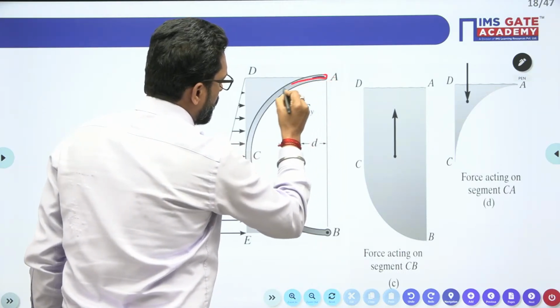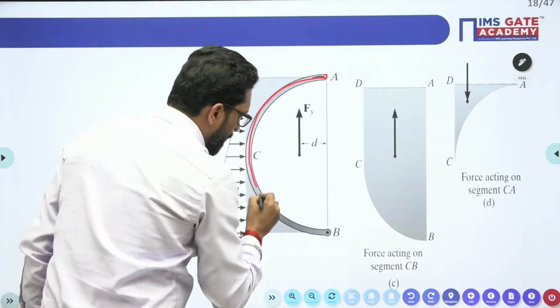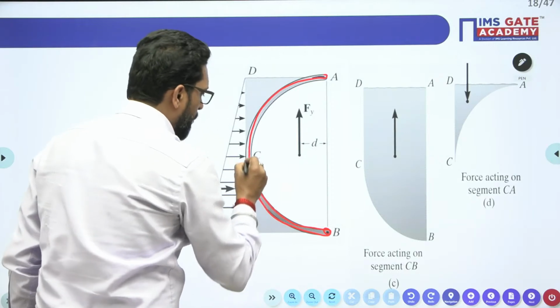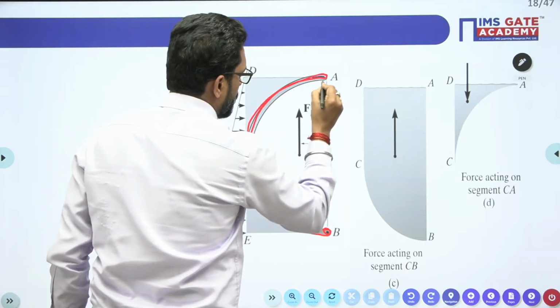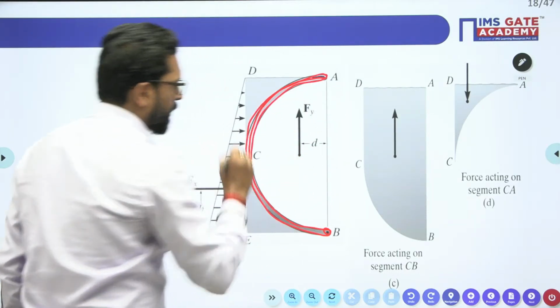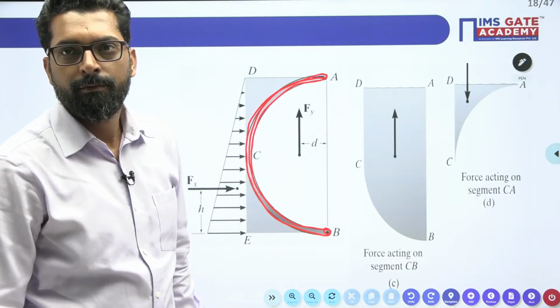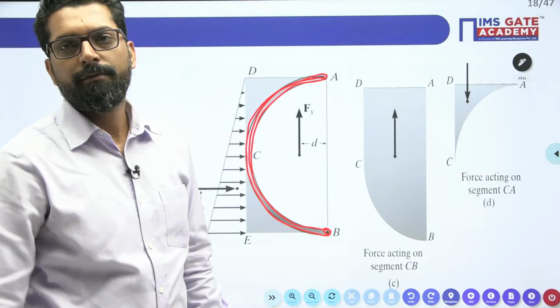We can calculate it by the pressure diagram.